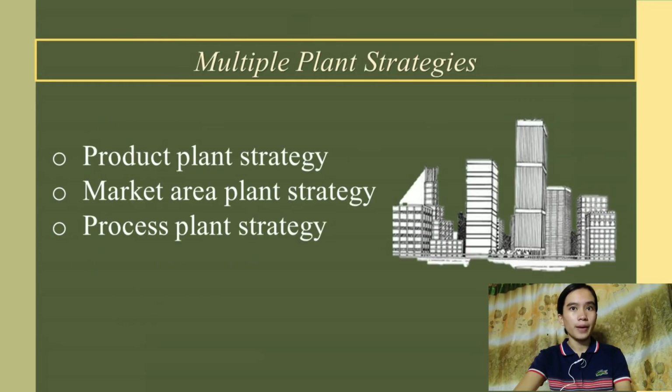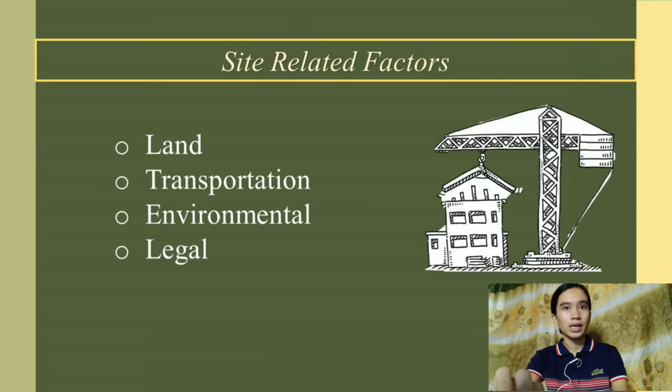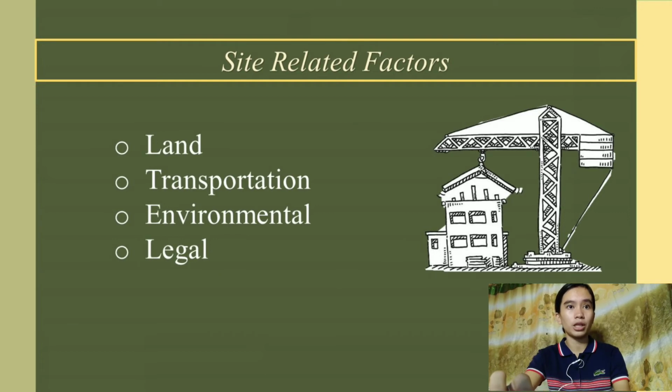Next is the multiple plant strategies, which mainly concerns the product plant and process plant, or the production strategies, and market area plant strategies which may be adopted or avoided by the company. And lastly, the site-related factors, which are specific factors that will directly affect the business processes within the particular area.